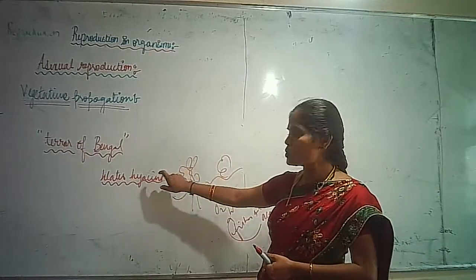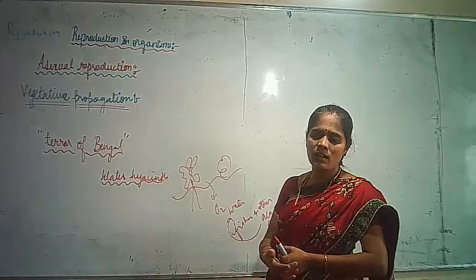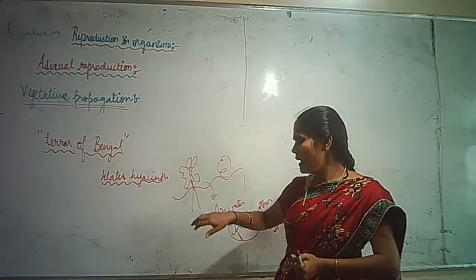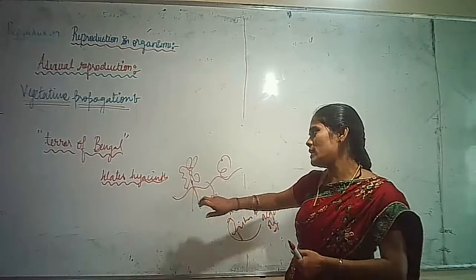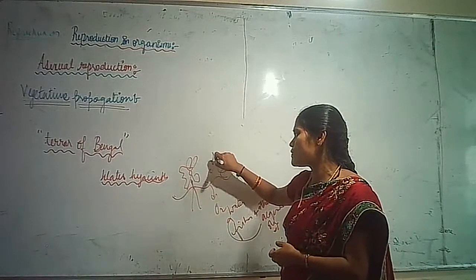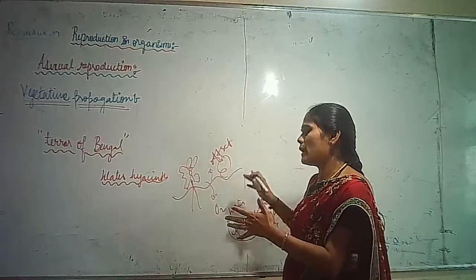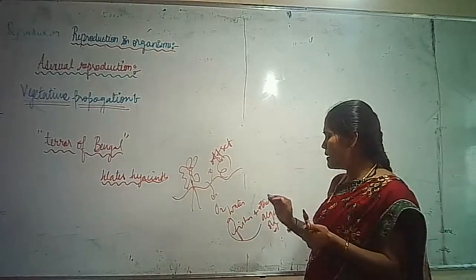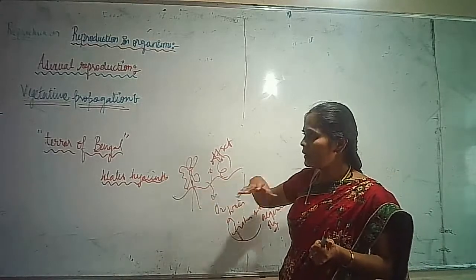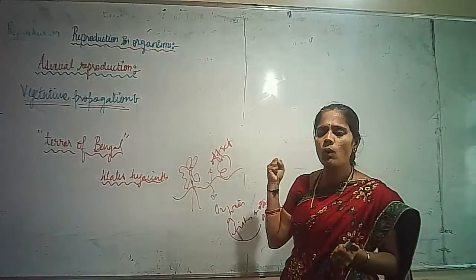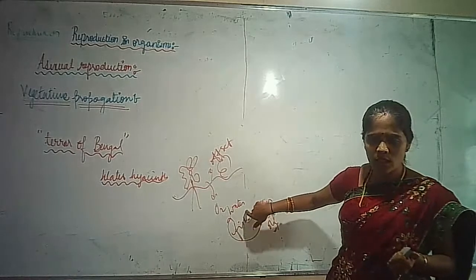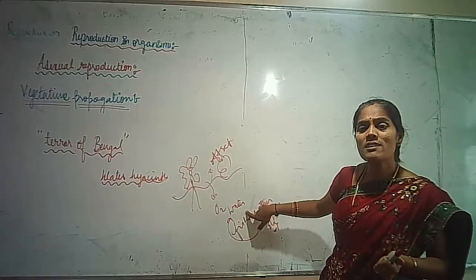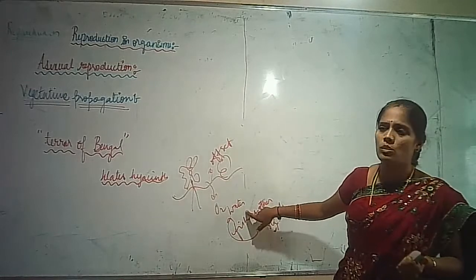You can see, my dear students, water hyacinth is a type of aquatic weed, a fast spreading weed. Its vegetative propagation is by offset. This is called an offset. It will spread through this offset within a short period of time, and when it is growing, it derives all the oxygen from the water, which forms a scarcity of oxygen in the water body.